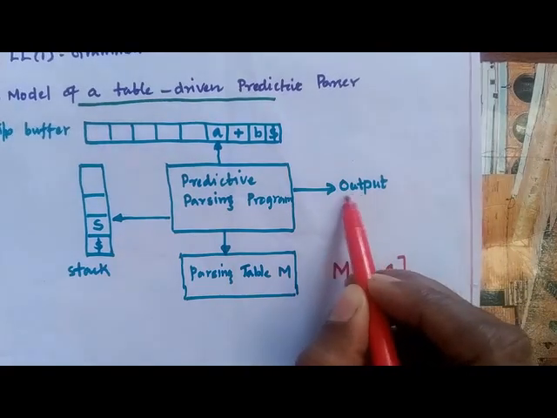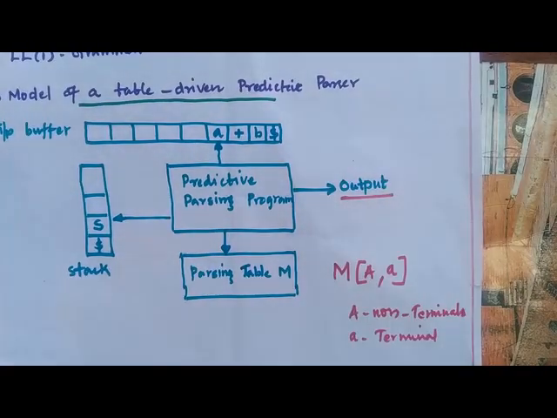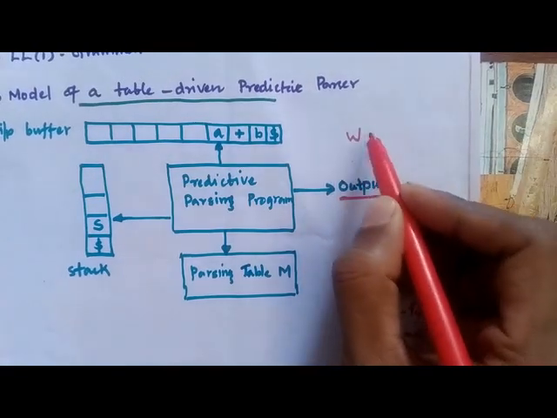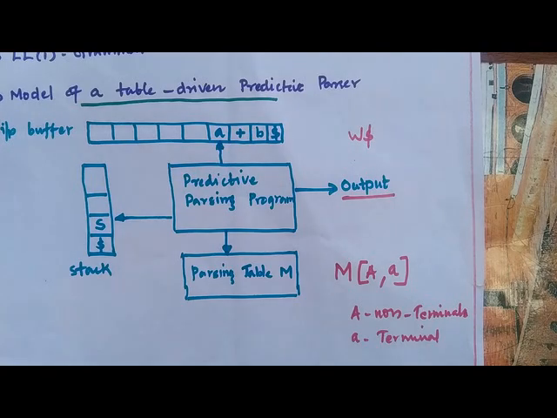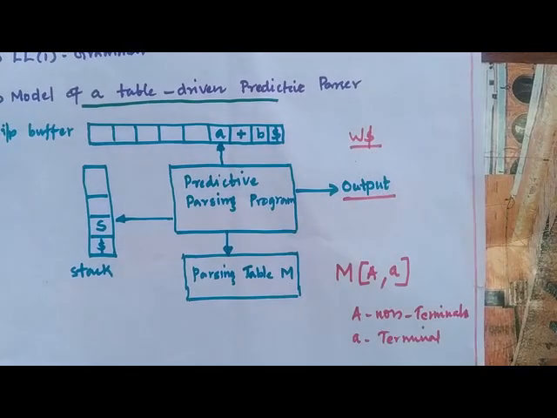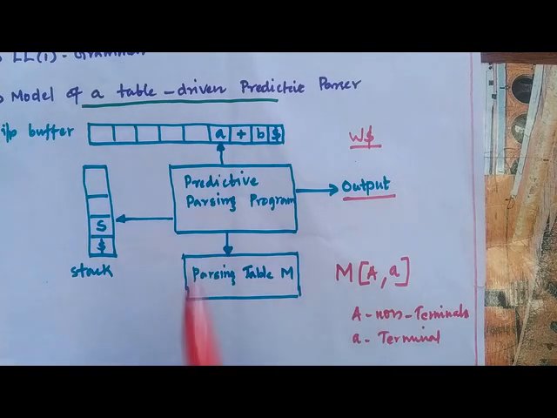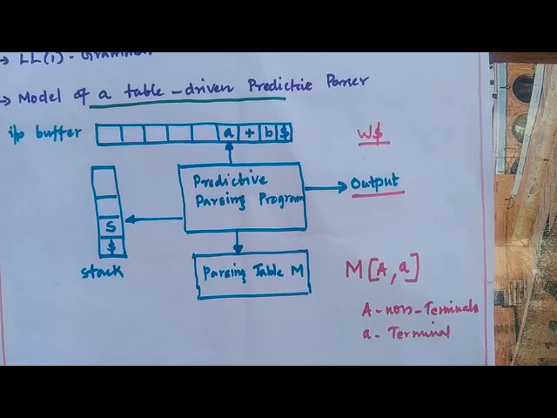Then the last one is the output. The parser works if the given string is of the form W dollar, where W is the input string ending with dollar, and this parser will verify that W belongs to the language of the grammar.